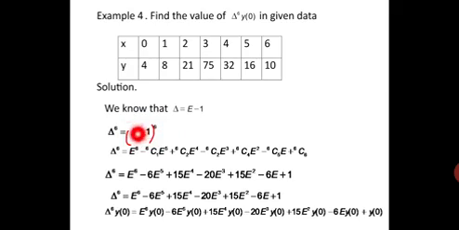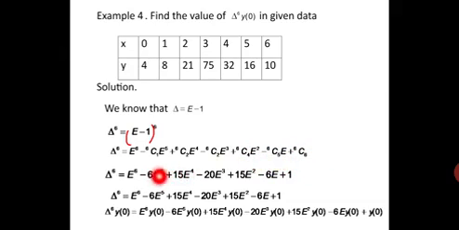Now I will expand this by the binomial theorem, up to 6c6. I will write e power 6 as it is. 6c1 means 6, 6c2 means 15, and like this if you expand each and every term, 6c4 is 15, 6c5 is 6, and 6c6 is 1.